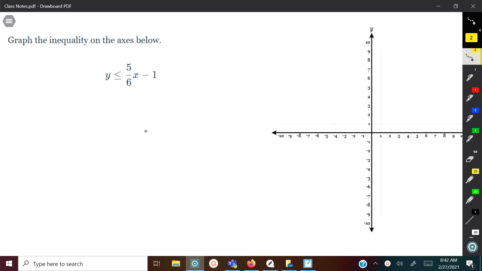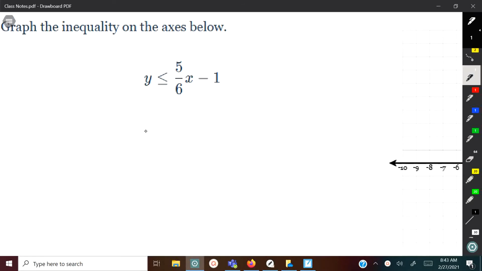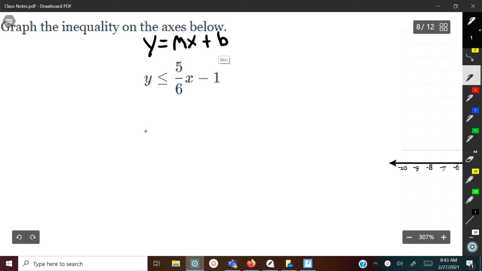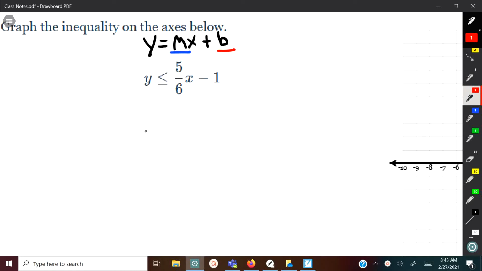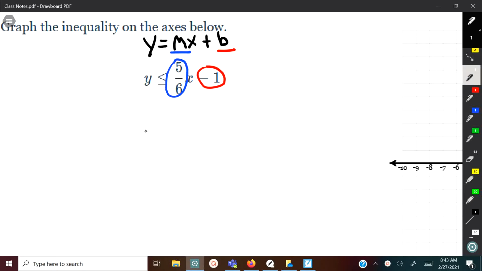First you want to understand the same thing that we've been doing before, y is equal to mx plus b, with your m being the slope and your b being the y-intercept. In this case the y-intercept is -1 and the slope is 5/6. So we're going to begin with the y-intercept and move the slope.